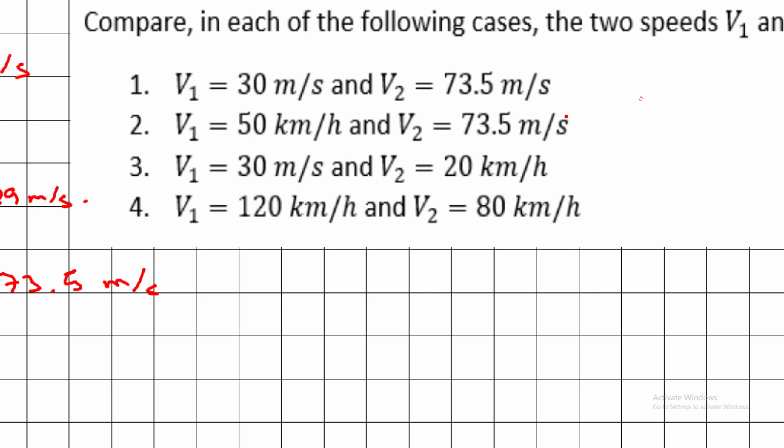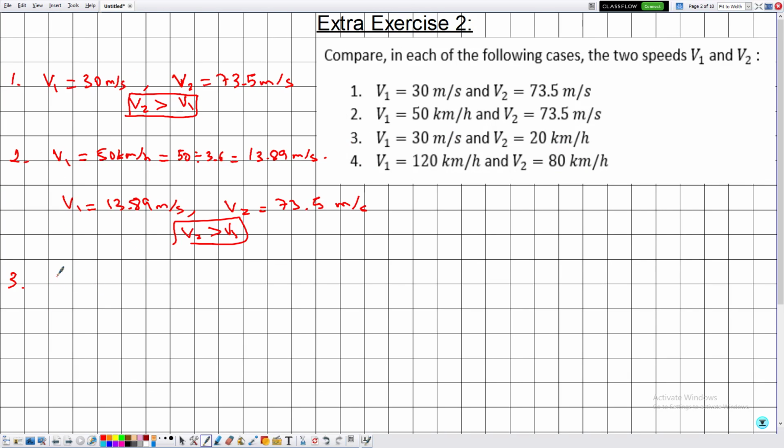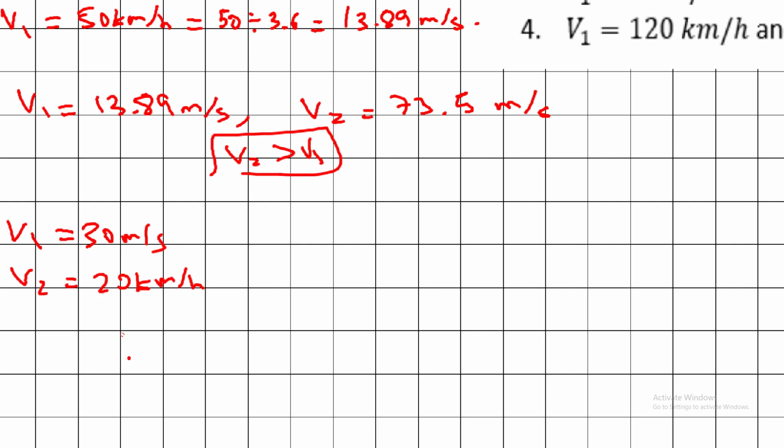Now in number 3, V1 is expressed in meters per second and V2 is expressed in kilometers per hour. Then let's convert kilometers per hour to meter per second in order to compare between V1 and V2. V1 is equal to 30 meters per second, whereas V2 is equal to 20 kilometers per hour. In order to convert from kilometers per hour to meter per second, we divide by 3.6.